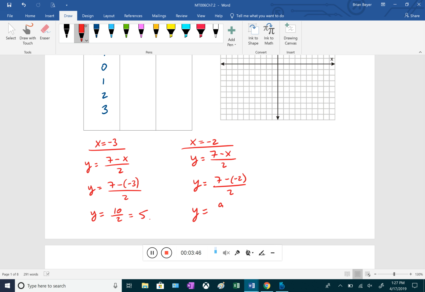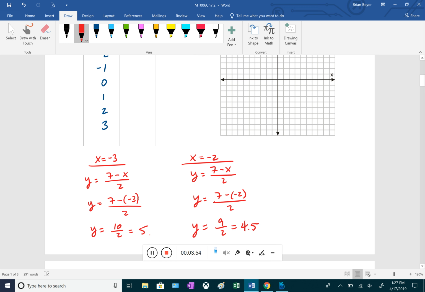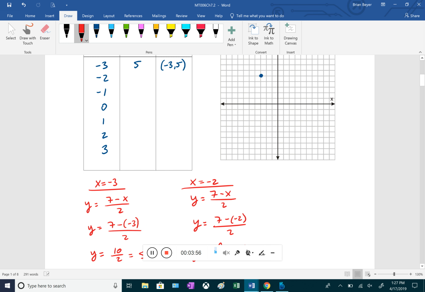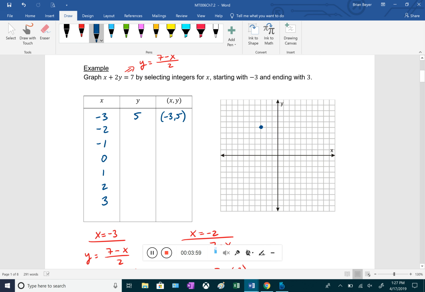That's going to be 9 over 2, which is 4.5. You can leave it as 9 over 2 or write it as 4.5. You're probably going to want to write it as 4.5 to help you know where it is when you graph it. So this is the ordered pair -2, 4.5: to the left 2 and up 4.5.